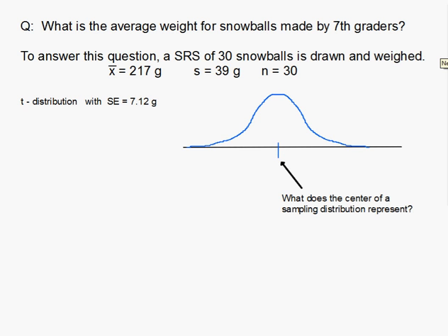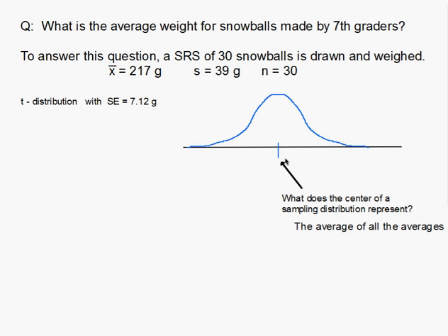Now, we have to actually think about what the center of the sampling distribution actually represents. It's the average of all the averages because every point on here represents the average of a sample mean. So we have all possible sample means represented in this curve.